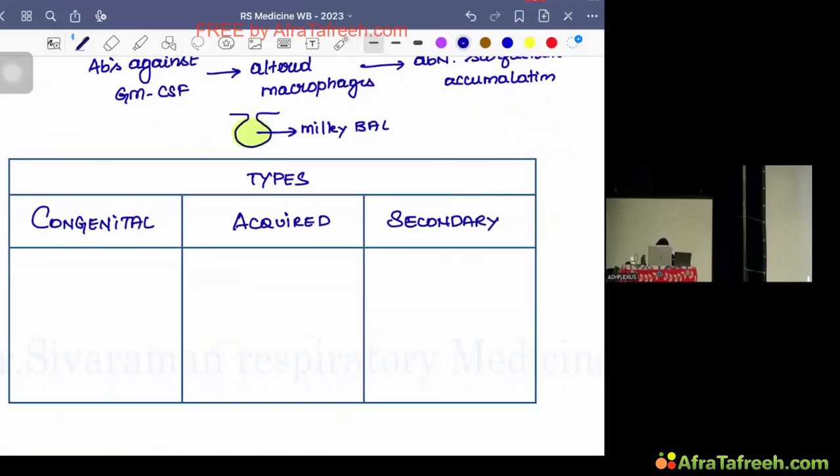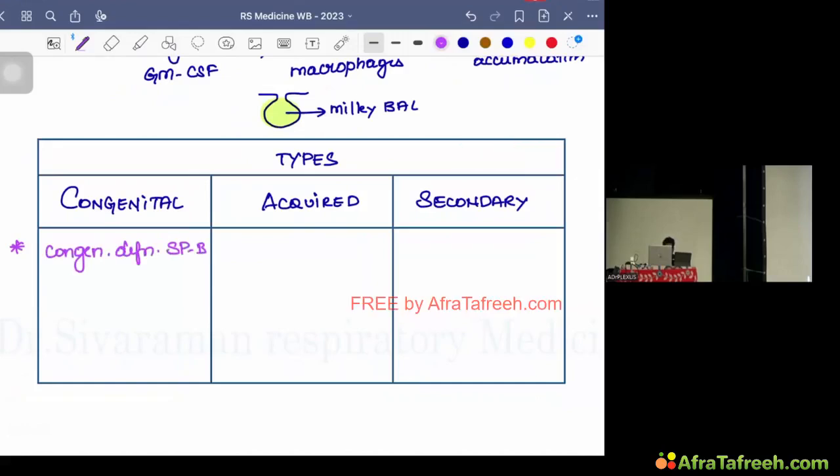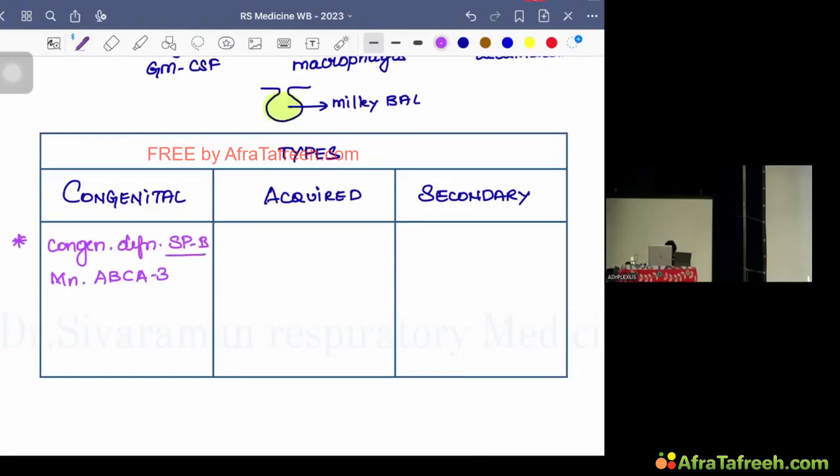Congenital PAP is due to congenital deficiency of surfactant protein B or due to mutation of a channel called ABCA3 cassette. So congenital deficiency of surfactant protein B or mutation of ABCA3 will cause pulmonary alveolar proteinosis.